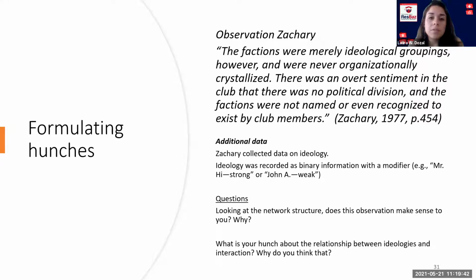So to understand how this rift in ideologies might work, Zachary collected additional data on ideologies, which were recorded as binary information with a modifier. So based on the ideology of raising prices, Mr. High was strong and John A was weak. And so it's this true, false, strong, weak binary value that Zachary placed.